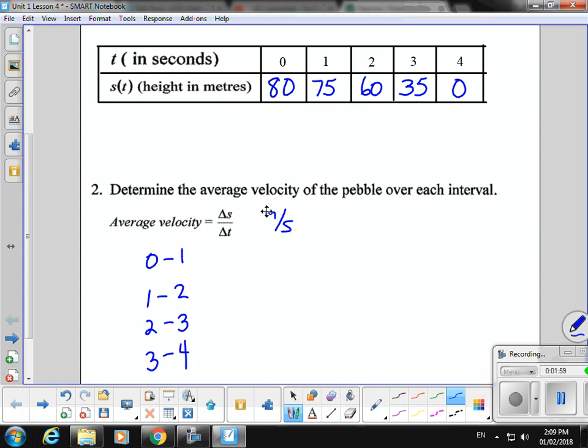So from 0 to 1, we have gone down 5 meters in 1 second. So 5 meters per second. From the interval from 1 to 2, we've gone down 15 meters in a second. From 2 to 3, we've gone down 25 meters in a second. And from 3 to 4, we've gone 35 meters per second. And then we're done.